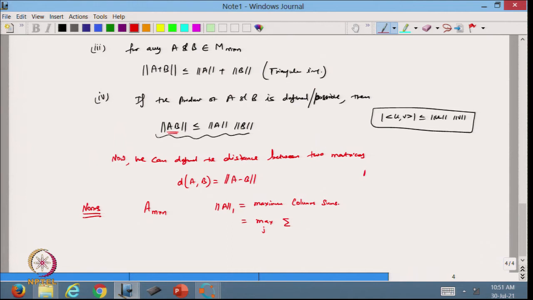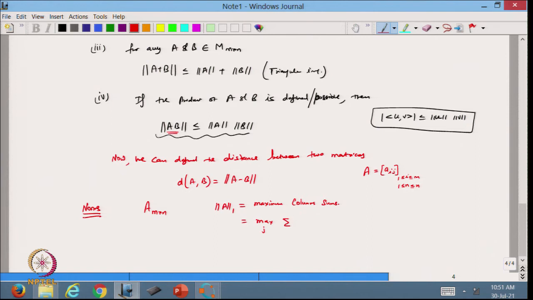A matrix A can be written as A_ij, where i is moving from 1 to m and j from 1 to n, so it is of order m cross n. I am taking the column sum.